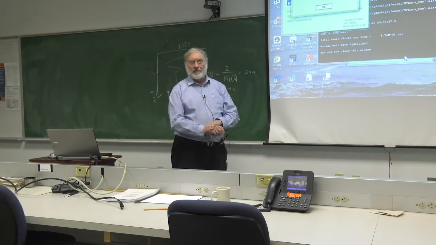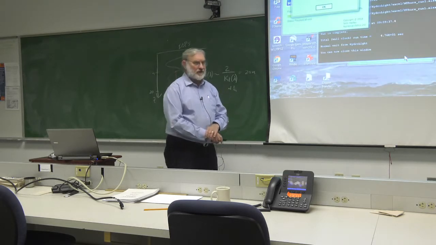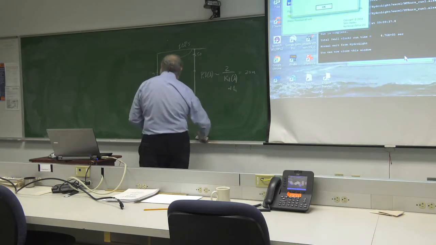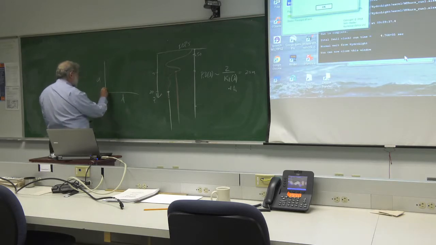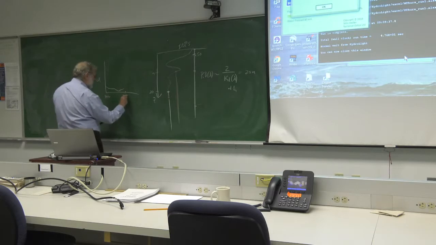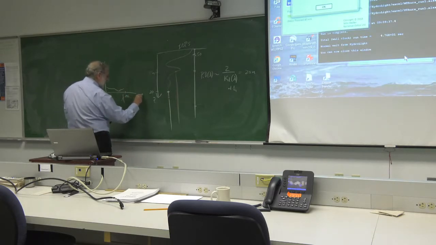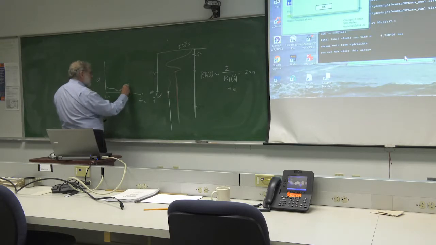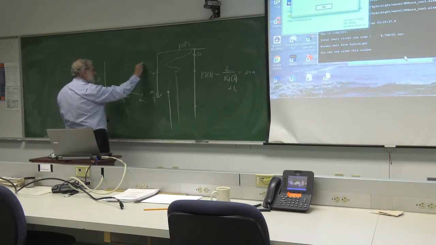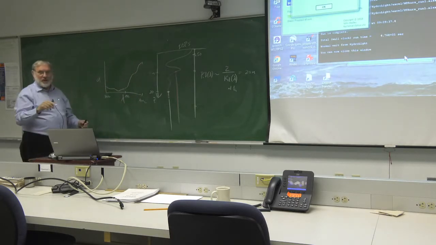It's because of the pure water absorption. So remember that if we plot absorption versus wavelength, here we are down in the blue, 400, 700, and then out to 1,000. Once you get past 700, the water absorption goes way up, and there's no way to get around that. The water's always there.